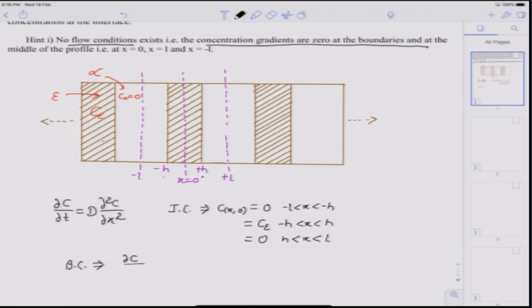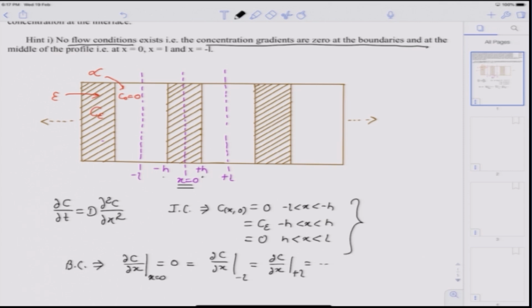So, ∂C/∂x is equal to 0. So, ∂C/∂x at x equal to 0 is 0, and also the gradient at x equal to minus L and plus L are 0, and so on.